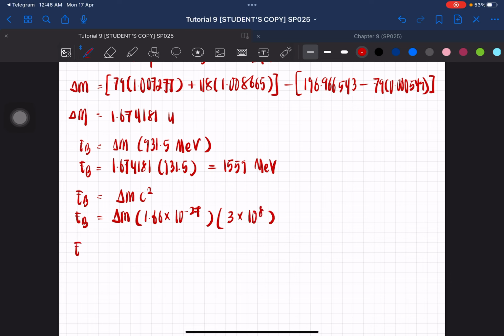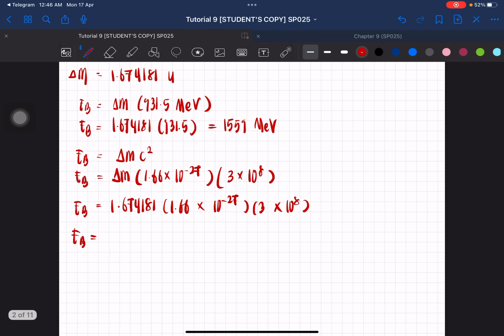Okay. So this is 1.674181 times 1.66 times 10 to the power of negative 27, times 3 times 10 to the power of 8. So hopefully I didn't do anything wrong here. So if I don't, you should get the correct value. But let me just calculate it really quickly. Okay, no. We did not get the correct answer.